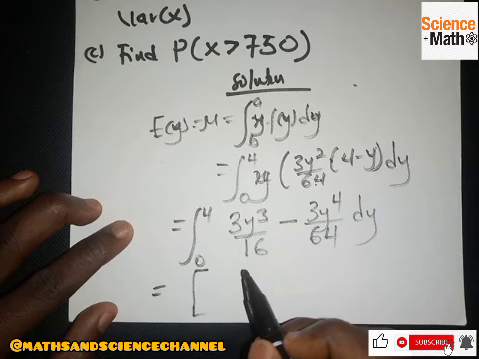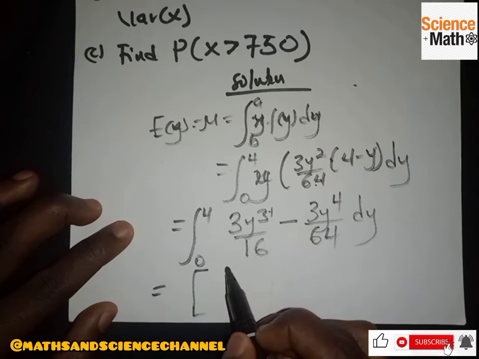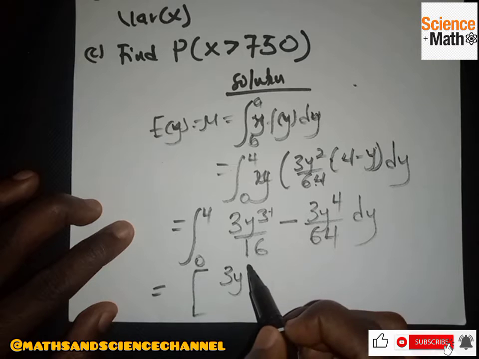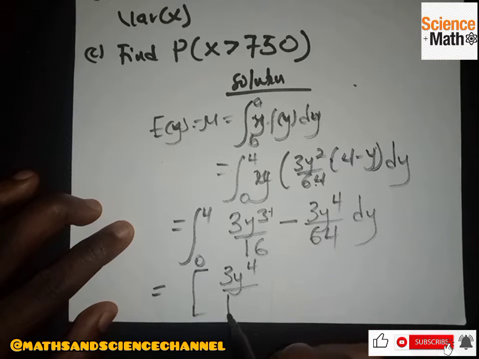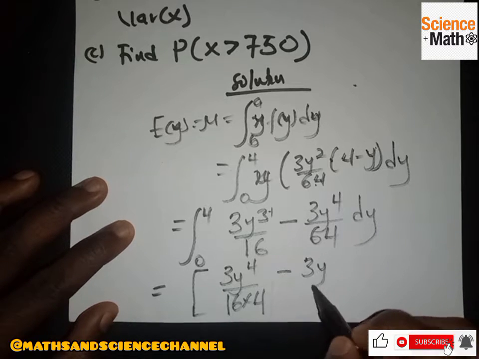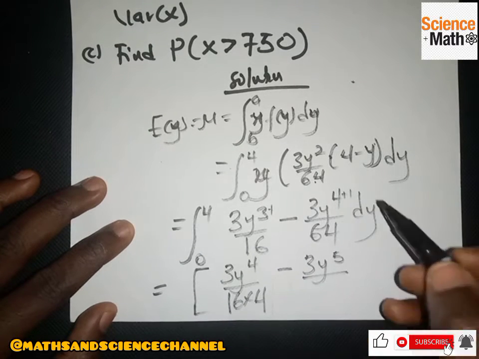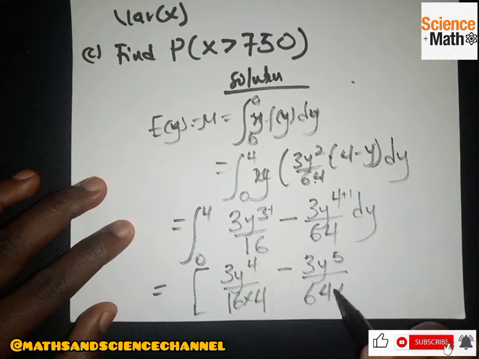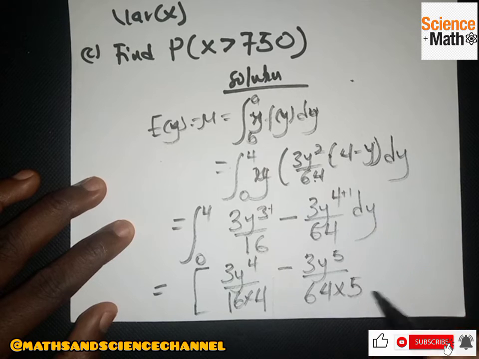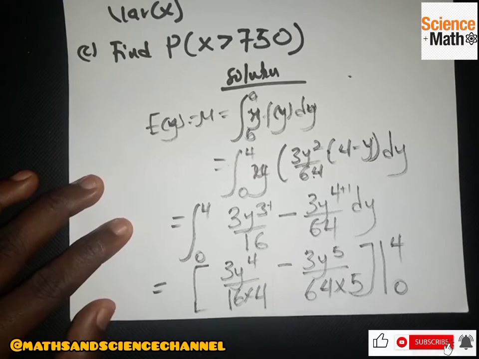Now from here we integrate. We add 1 to the exponent, so it's going to be 3y to the power 4 divided by 16 multiplied by 4, then minus 3y to the power 5, dividing by 64 multiplied by the new exponent 5, and remember it's from 0 to 4.